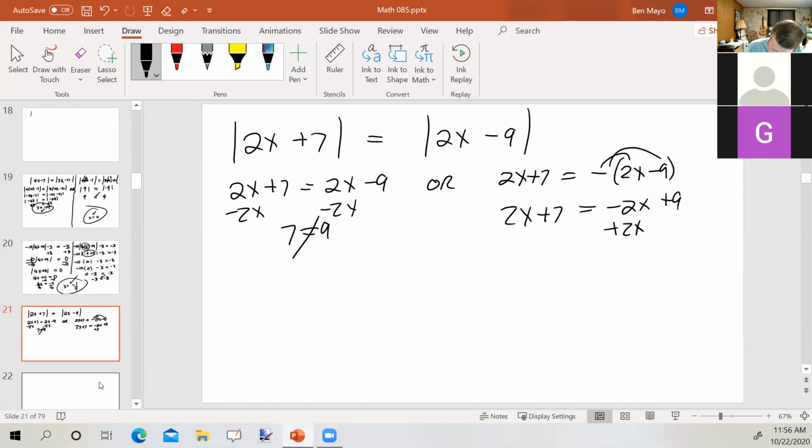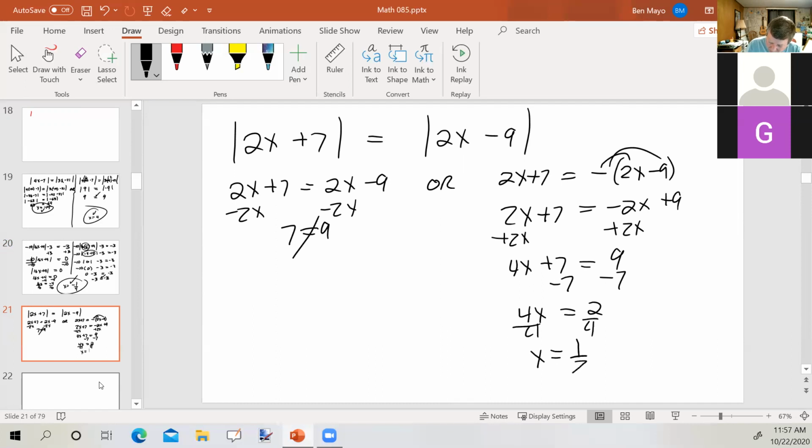I'll add 2x to both sides of the equation. 4x plus 7 equals 9. Subtract 7 from both sides. 4x equals 2. Divide by 4, x equals 2/4 or 1/2.